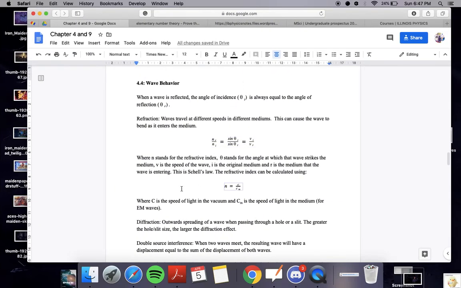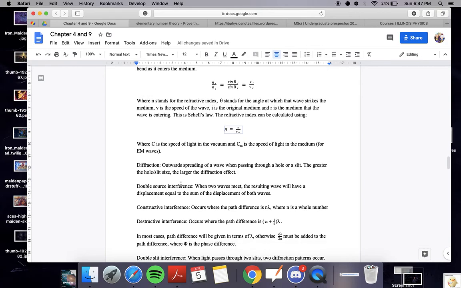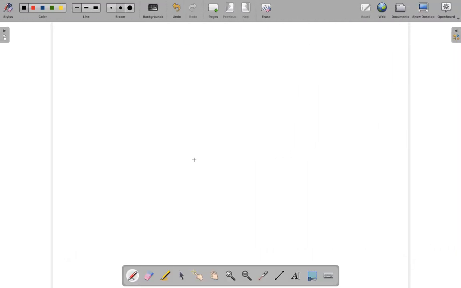Then you also have total internal reflection. Now, total internal reflection refers to the cases in refraction where the angle at which it strikes a medium is so large that it doesn't pass through to the other medium anymore.